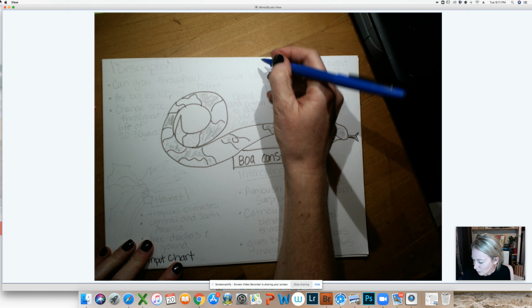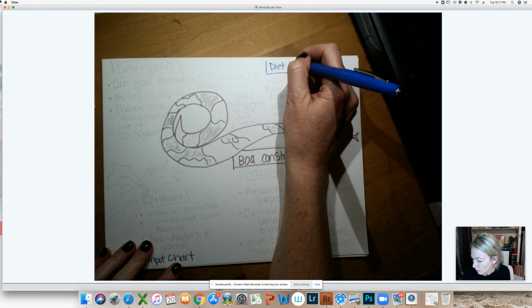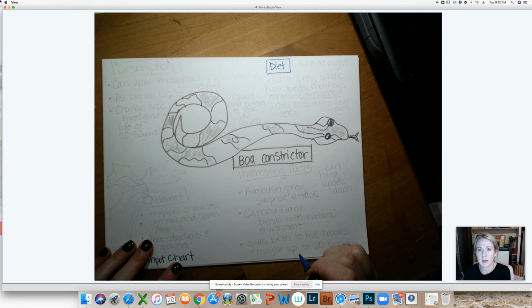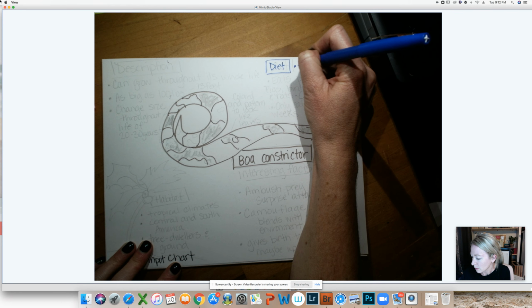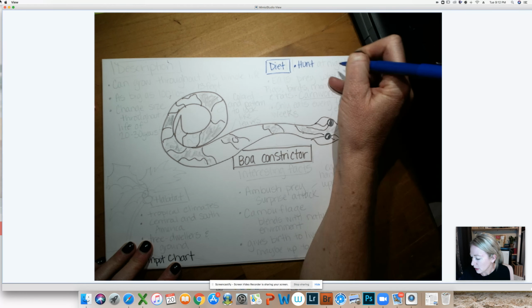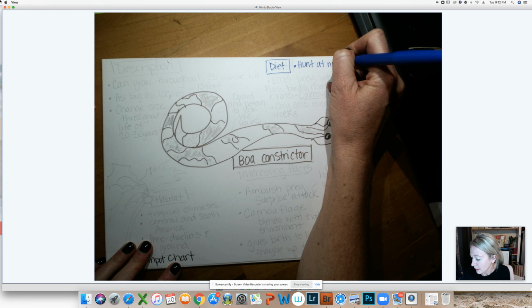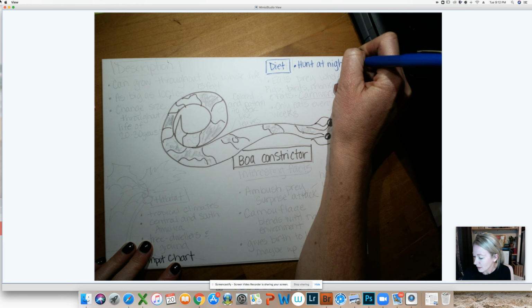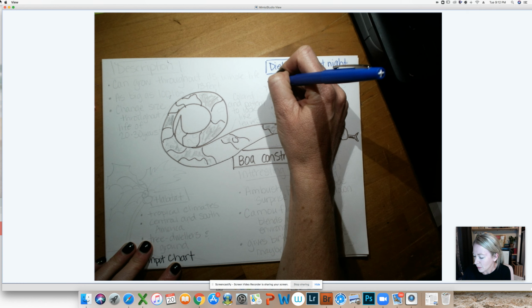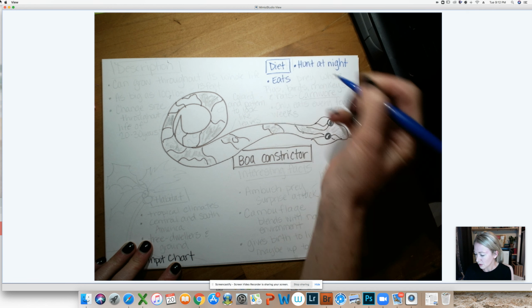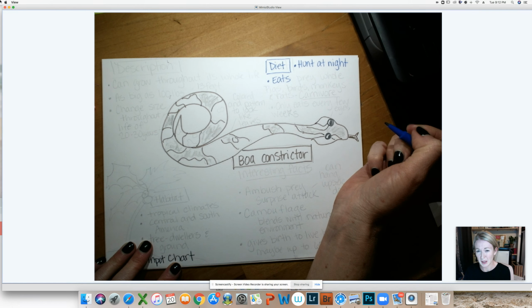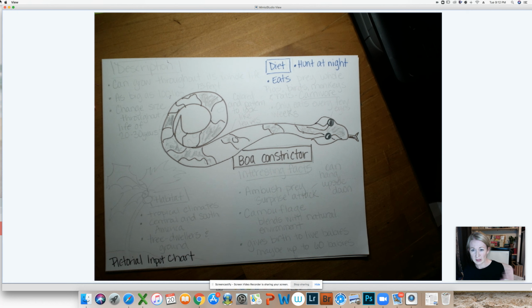And how does it behave in trying to find its food? So I learned that boa constrictors actually hunt at night. And a boa constrictor also eats its prey whole. It does not chew its food.